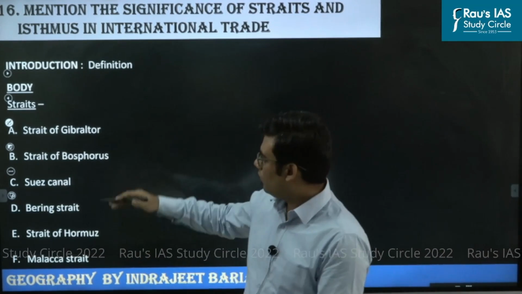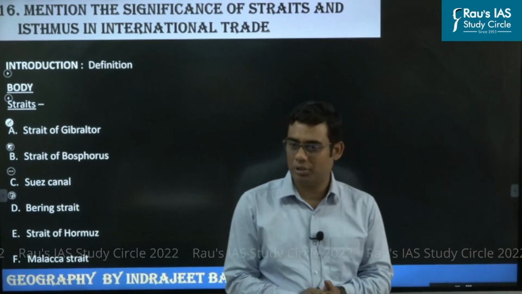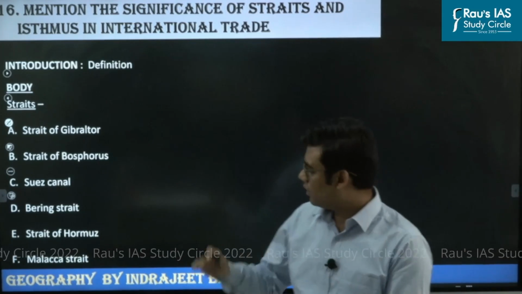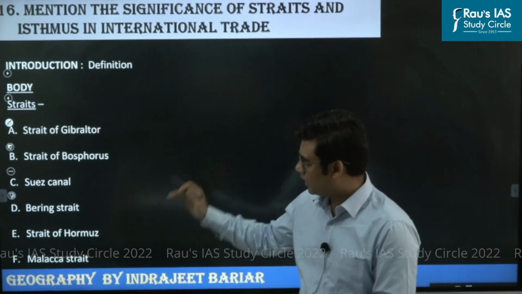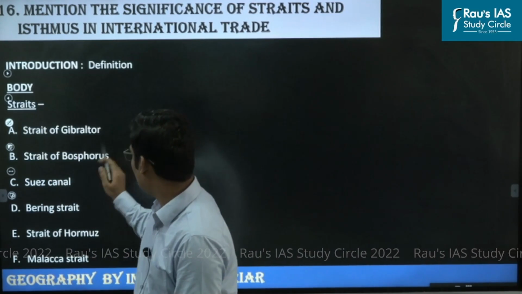So first we will take up the straits, and one way of presenting this is to take up the examples of different straits, give the list of important straits, and tell their significance one by one. Let's say the Strait of Gibraltar.